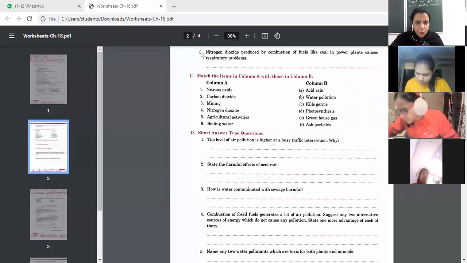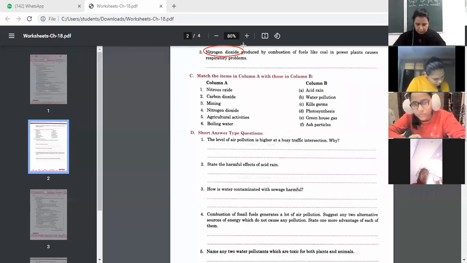I think you don't know. It's not nitrogen dioxide. Which gas is released? Combustion of fuels like coal in power plants causes which type of disease?